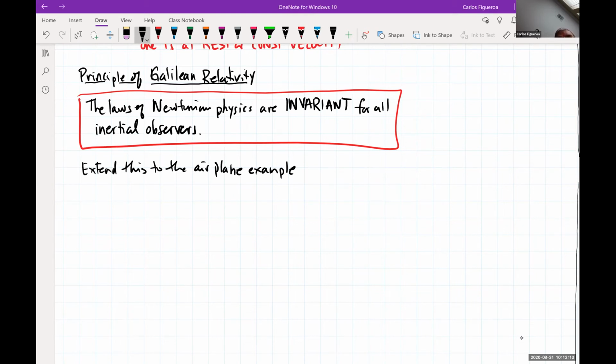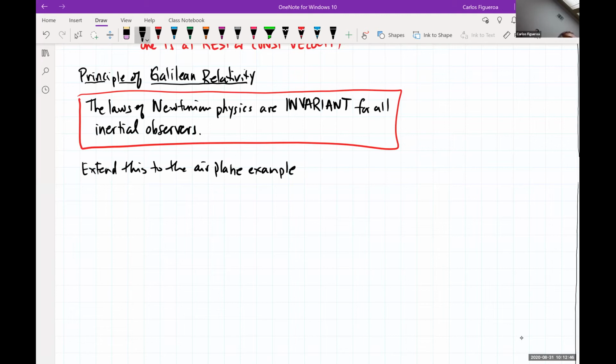That means the person on the ground at rest relative to Earth cannot say that his frame of reference is the best frame for doing physics, or the person on the airplane cannot say that his frame of reference is best. According to Galilean relativity, they're both right, even though they have different viewpoints.